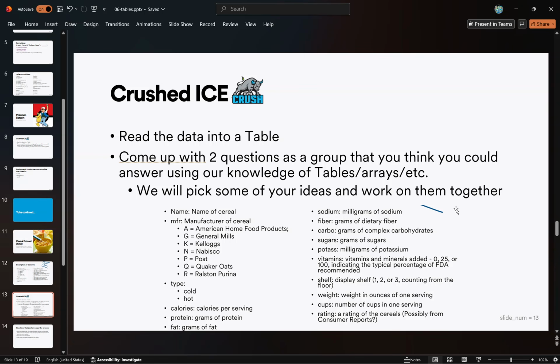I guess the most common per serving. Oh yeah, it's different servings. It has cups. Yeah, it's those servings. But it would be cup divided by calories.